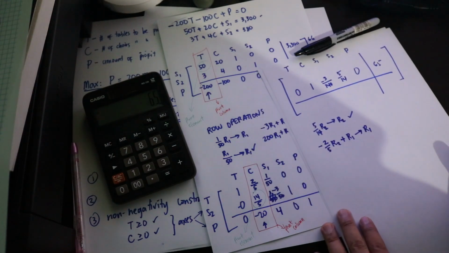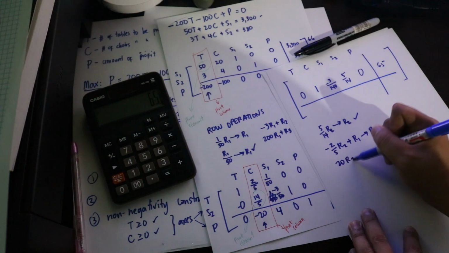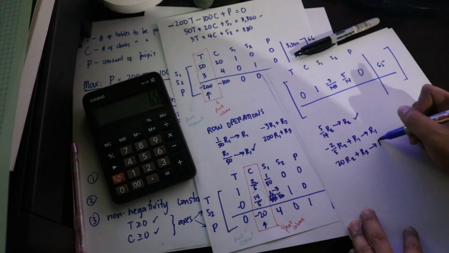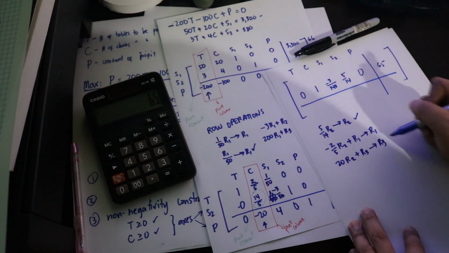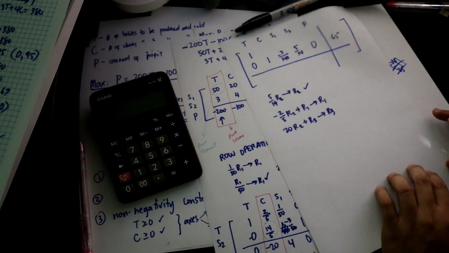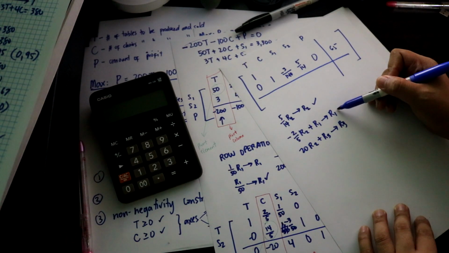And finally, 20 R2 plus row 3 would be our new row 3.